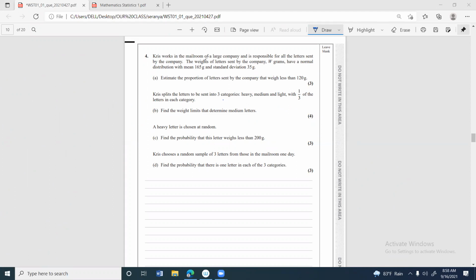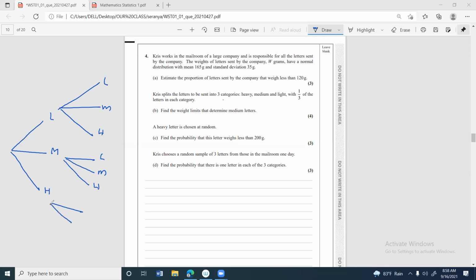So if you work it out over here, it can be like this. The first letter can be light, medium, or heavy. The next one again can be light, medium, or heavy. This one also can be light, medium, or heavy. This is the second parcel.